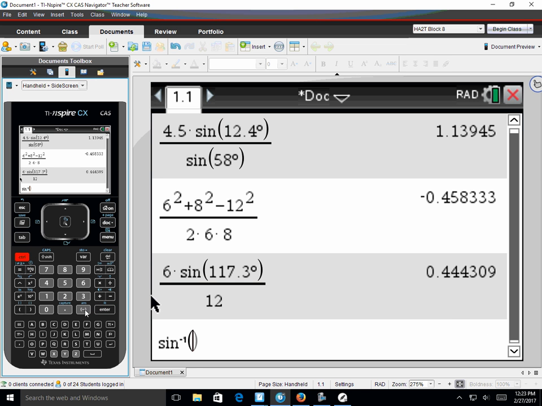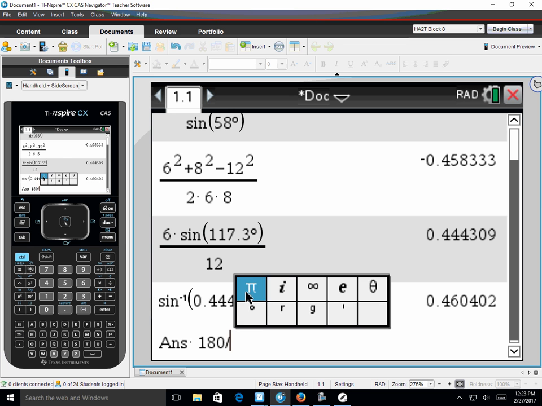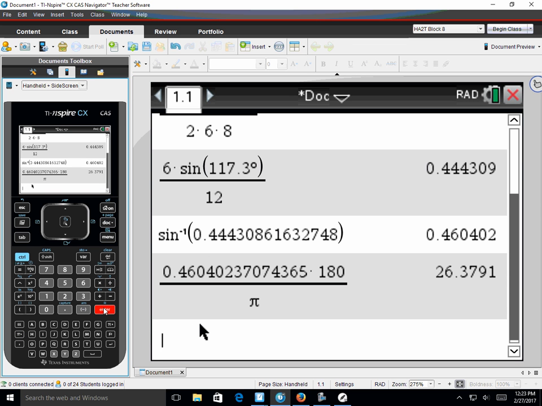You can press control negative to pull up the answer. I'm getting 0.46, but that was in radians, so I'm multiplying by 180 and dividing by pi, and I'm getting 26.4-ish. So we get 26.4 for angle A.